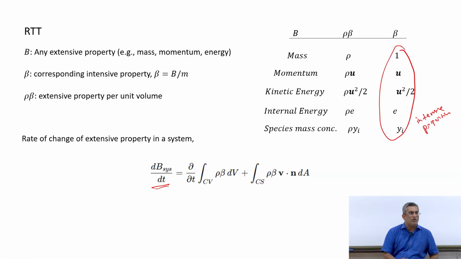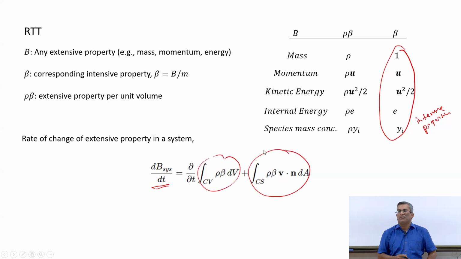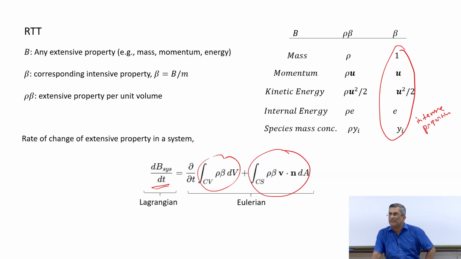Now this is equal to the partial derivative with respect to time. The first term has this term plus this term. Now what are these? The left side basically denotes the Lagrangian feature, while the right side is the Eulerian feature.